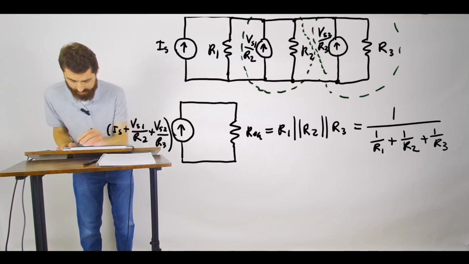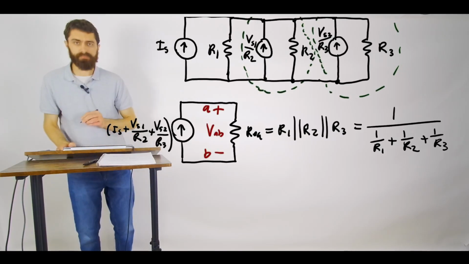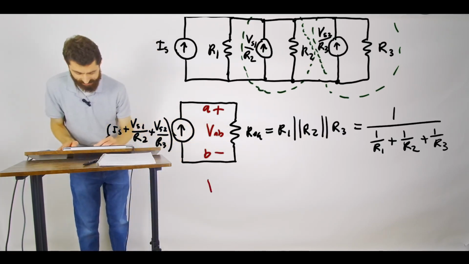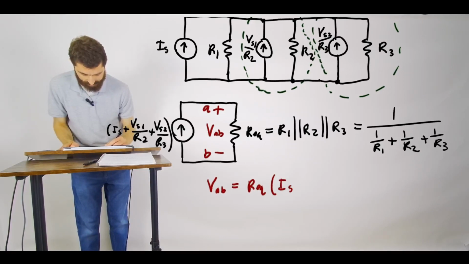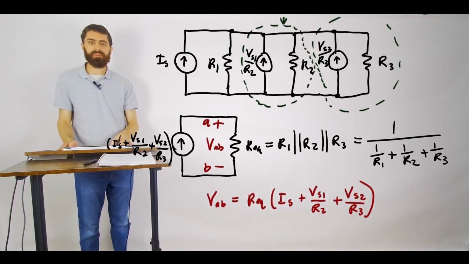And this is our A and our B, right? We're wanting to find VAB. So now the problem is super simple. VAB is just simply equal to R equivalent times our current, which is IS plus Vs1 over R2 plus Vs2 over R3. And so then you can just plug and chug with your numbers.